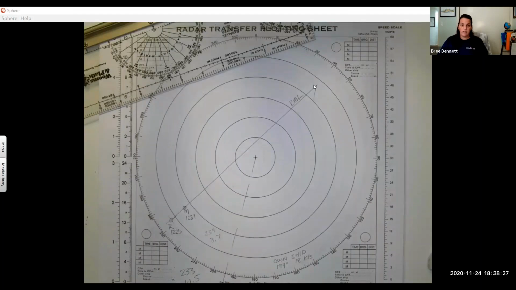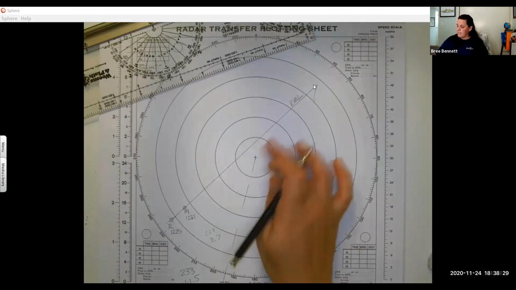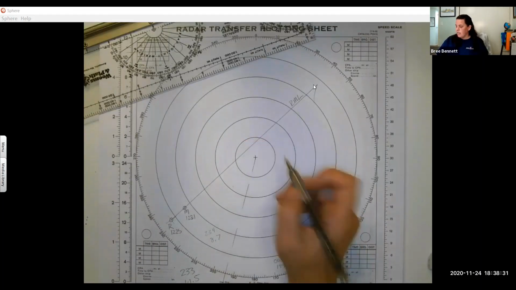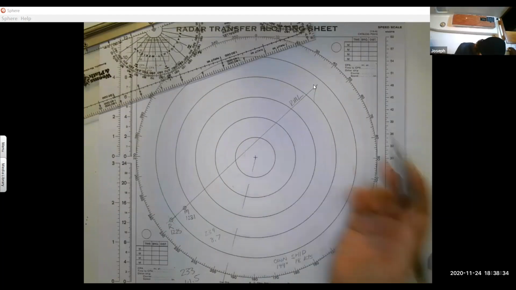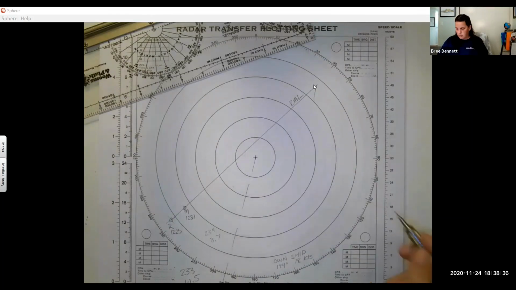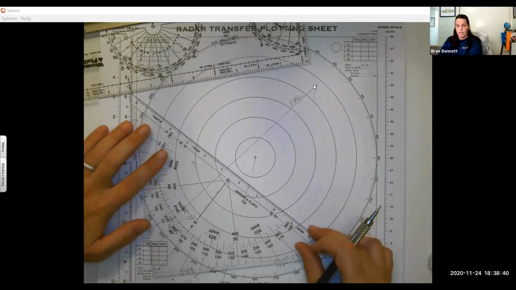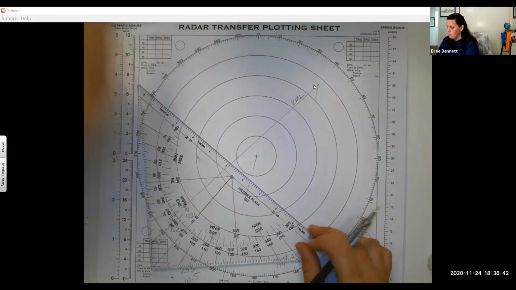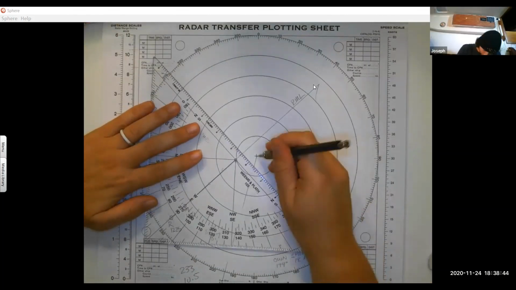So there's our relative motion line. He's going to be passing behind us at CPA under 2 miles. But let's figure out what that CPA is. I do the right angle from the relative motion line.